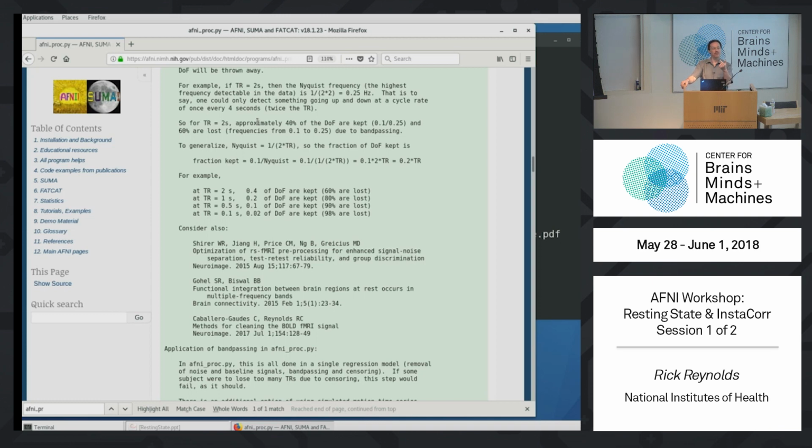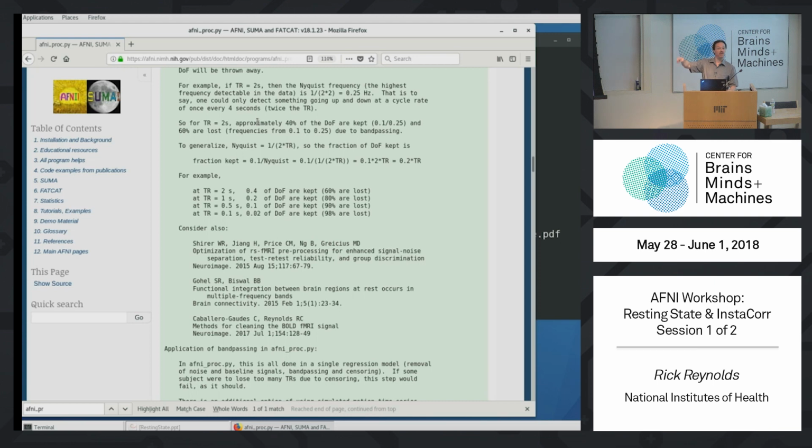So if you keep things from 0 to 0.1, but now your data goes up to 1 hertz. Now how many regressors? What fraction are you losing? 90%. If you have 1,000 time points at this fast TR of 0.5 seconds, you're going to use 900 regressors to clear out all these high frequency signals.